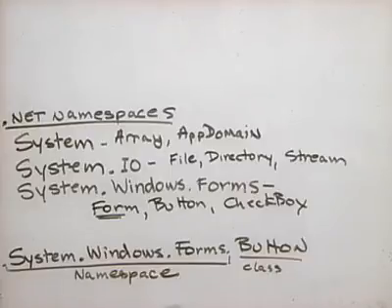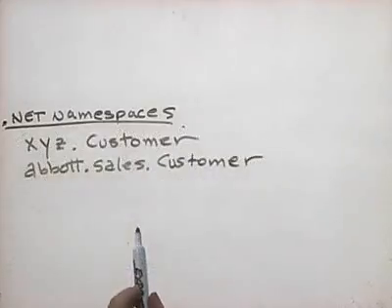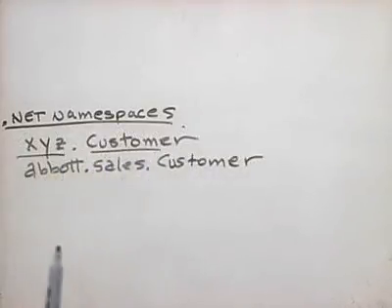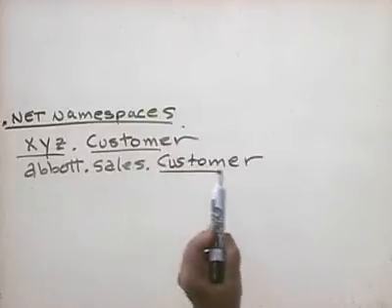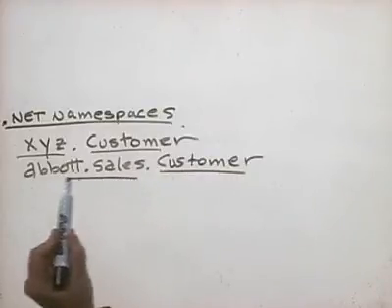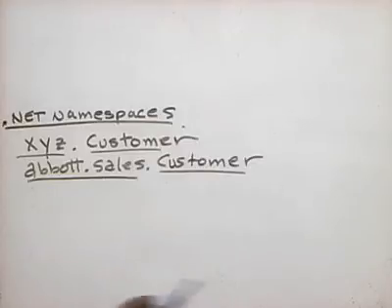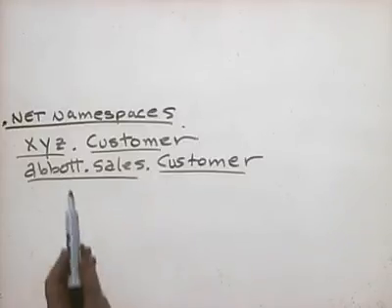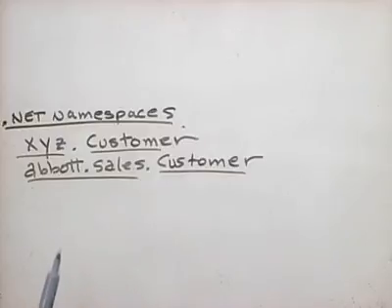Now, one of the really nice reasons for a namespace, other than to keep your classes organized, is naming conflicts. Here's an example of 2 customer classes. There's a customer class that belongs to the XYZ namespace, and there's a customer class that belongs to Abbott.sales. Now, it's very likely that there are 2 companies out there that do create a class with exactly the same name.